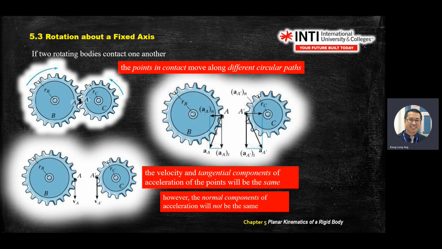Normal pointing inside, tangent follows the direction. Then you have two directions, you combine them to become the resultant. Same with the other side, because this one rotates this way, tangent goes down, normal goes inside. You combine the vectors to become the resultant.